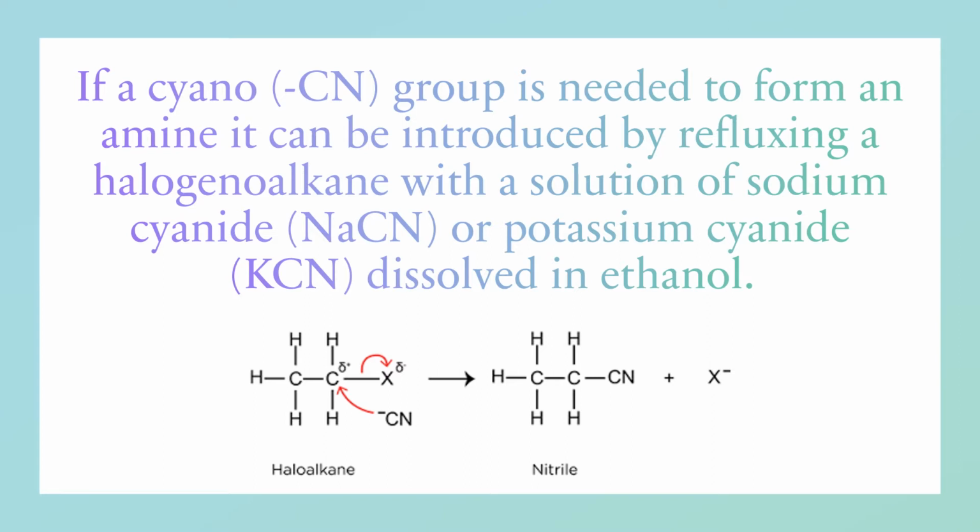So what you can do then, if you don't actually have the nitrile that you need, is take a halogenoalkane, as you can see at the bottom here, react it with a cyano group, and then it produces the nitrile, and you can go on and use that then to create your amine. So at the top of page 9, you'll see there's a space. I want you to pause this now and draw that in.